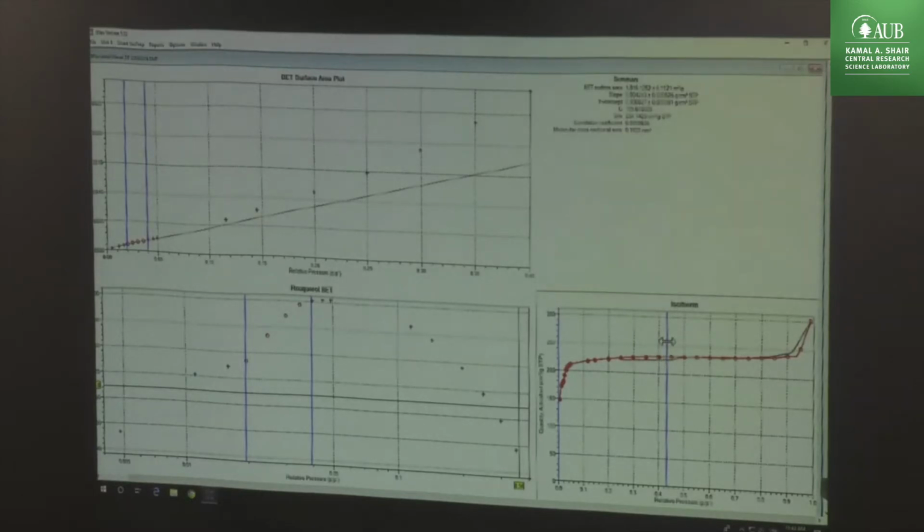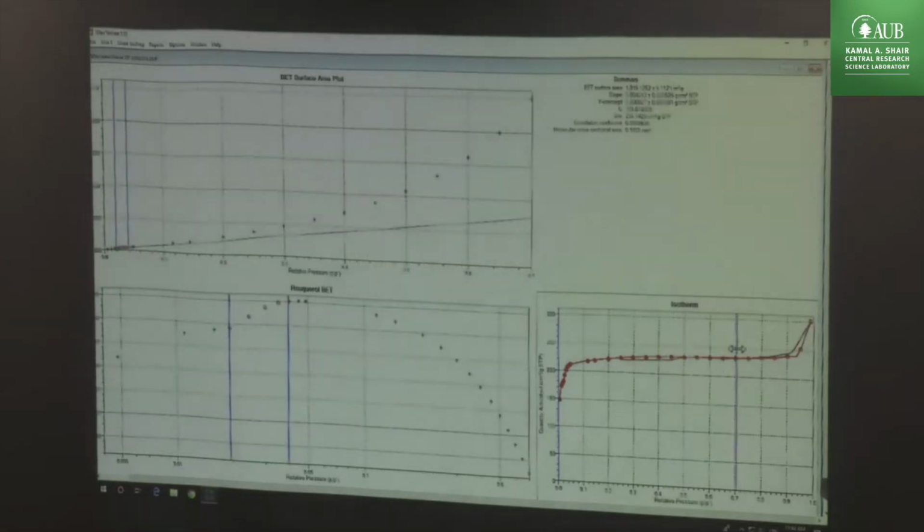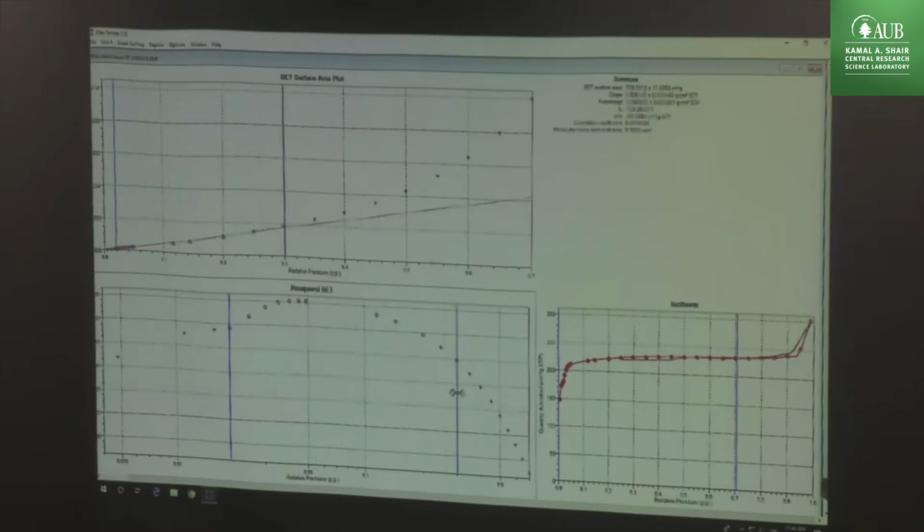I can change the limit here. If you go here, you get 713 square meters. You lost 300 square meters per gram just because you did not have the correct limits for the BET. You see how important it is.